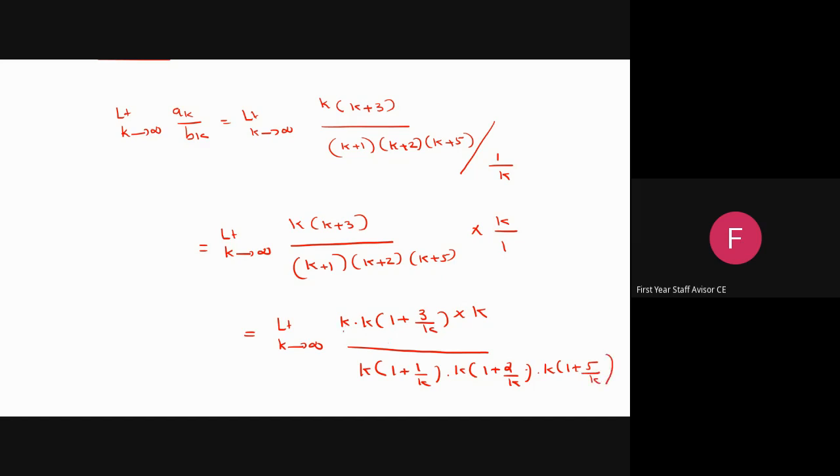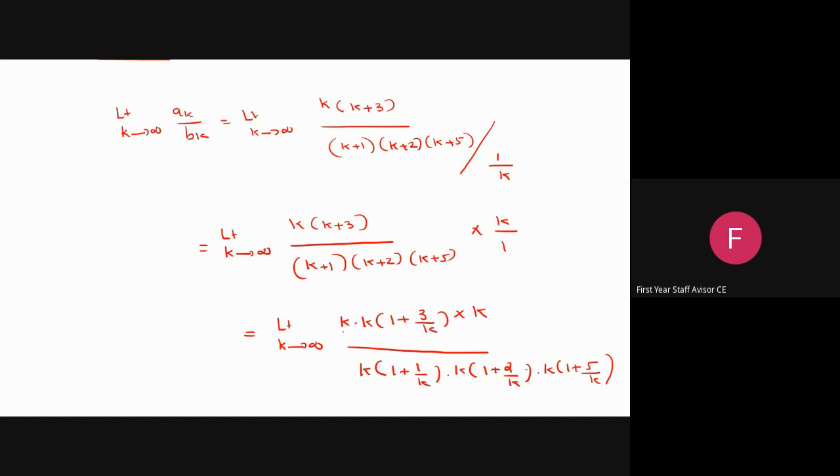Numerator: k into k into k is k cube, times (1 plus 3 by k).